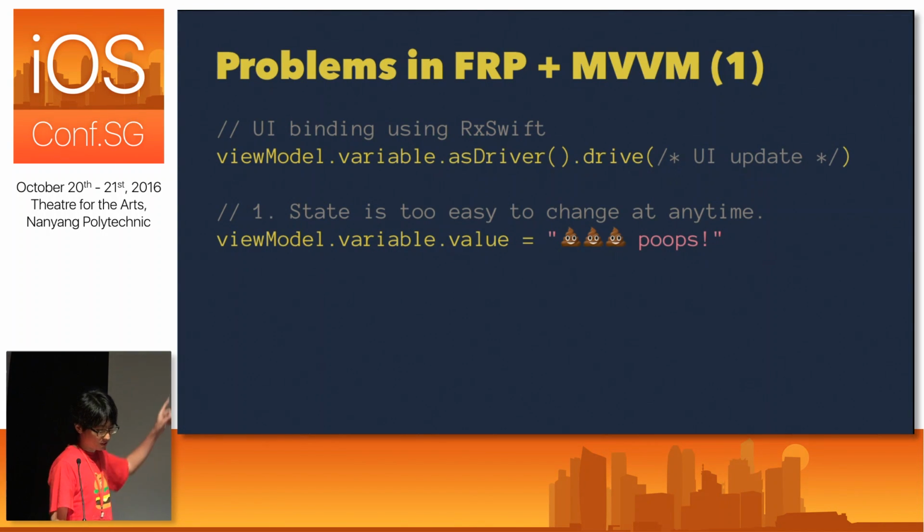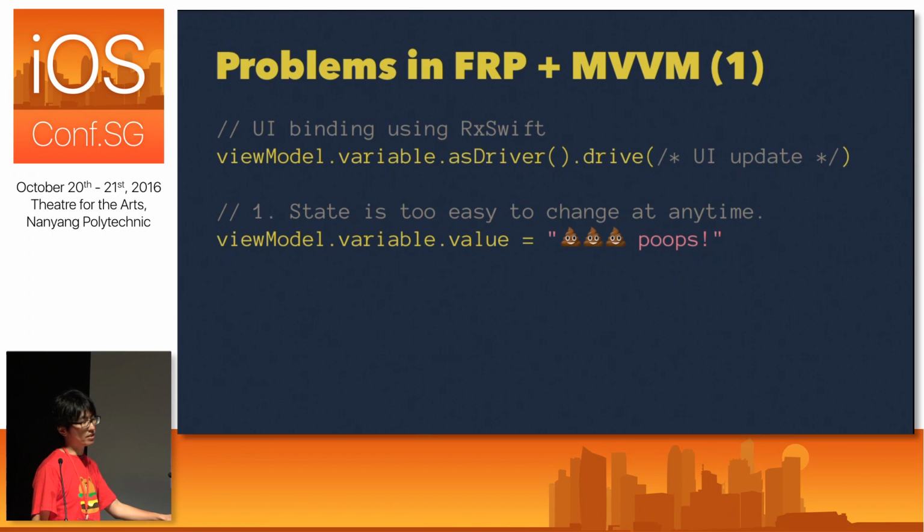So, for instance, we have a data flow like the first line. The variable is bound to the UI. So when the variable changes, the UI gets updated automatically. But here we have a serious problem, and that is the risk that we might set the wrong value to the variable manually, like this poop thing.